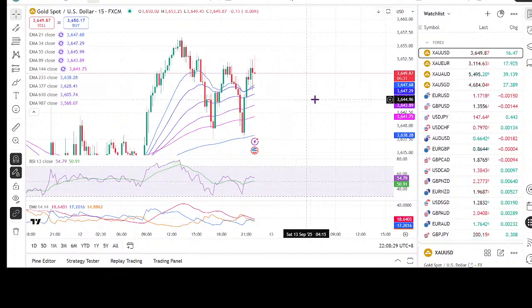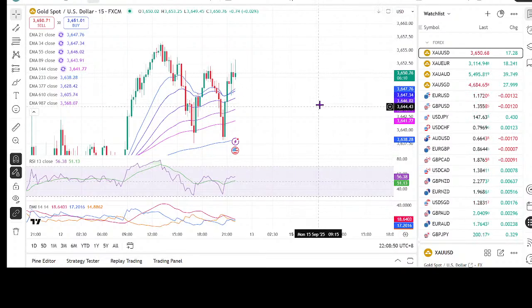But the moment the price is not responding to what we expect, then we have to quickly take action. Safer than sorry.